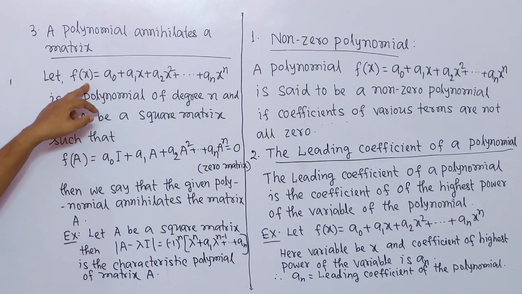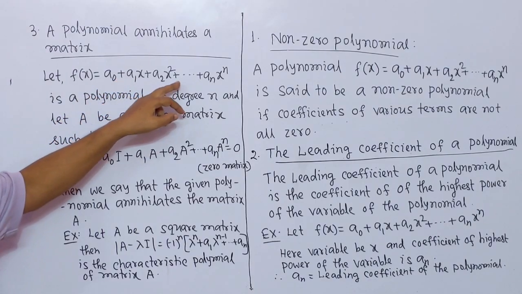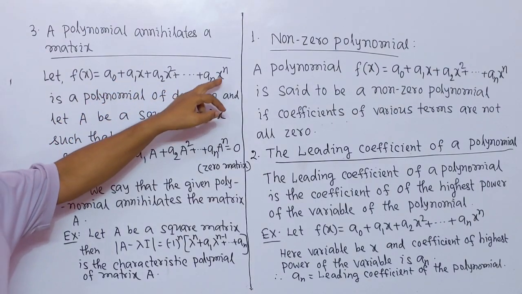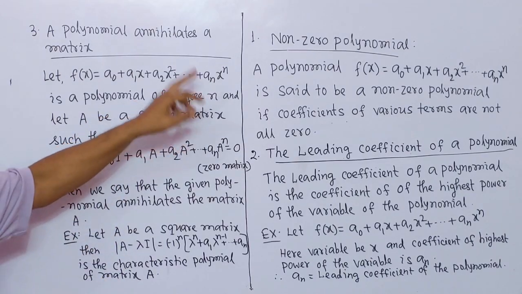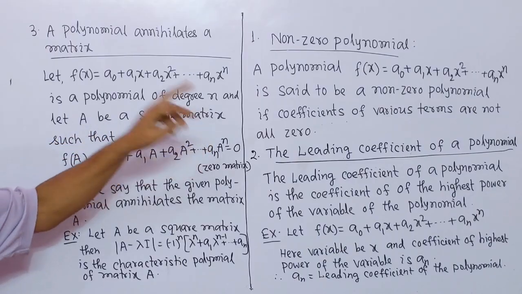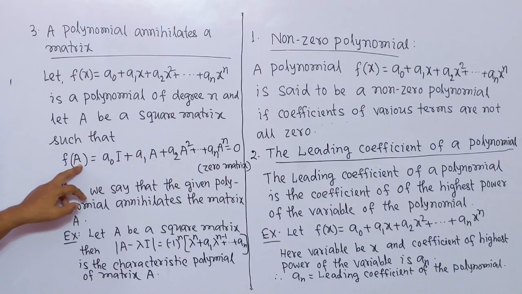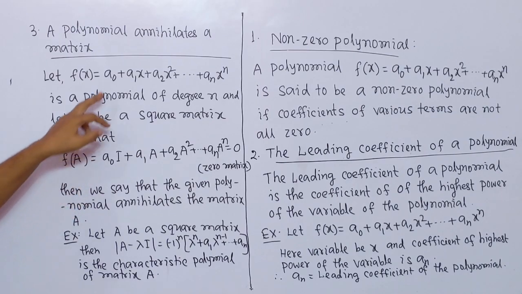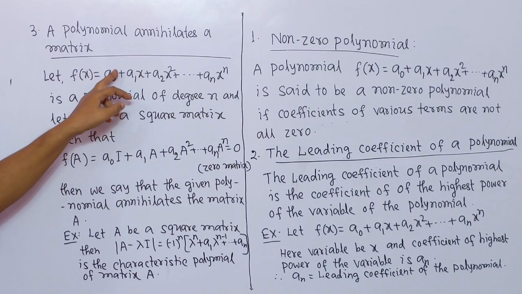Now we define the term a polynomial annihilates a matrix. Let f(x) equal to a0 plus a1 x plus a2 x square plus ... plus an x to the power n be a polynomial of degree n, and let A be a square matrix such that f(A): in place of x we write matrix A, square matrix A. Here a0, here coefficient is 1.